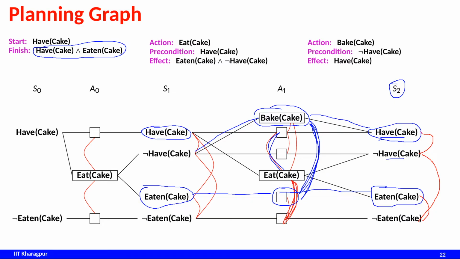And if they are not mutex literals, that means it is possible that we achieve these two literals together in state S2. So therefore we can look for some kind of solution, because we can achieve these two things together. So we will try to figure out whether there is a set of actions that can really achieve these two literals together.